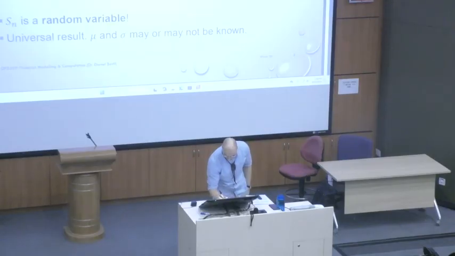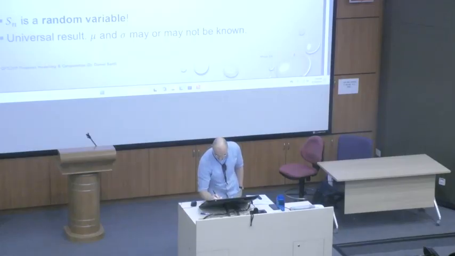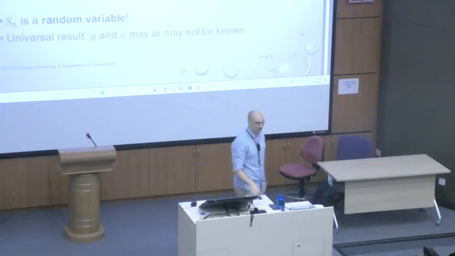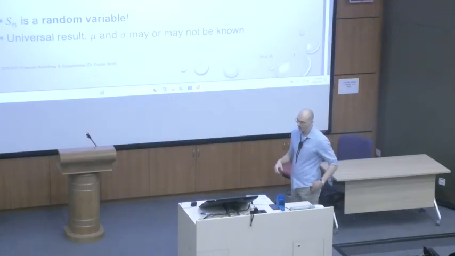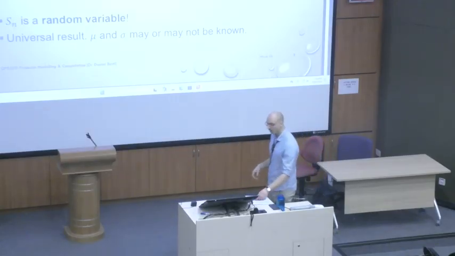The formal statement would be: the limit as n goes to infinity of square root n times (Sn minus mu) is distributed normal with mean 0 and variance sigma square. So what this statement tells you is now the following.